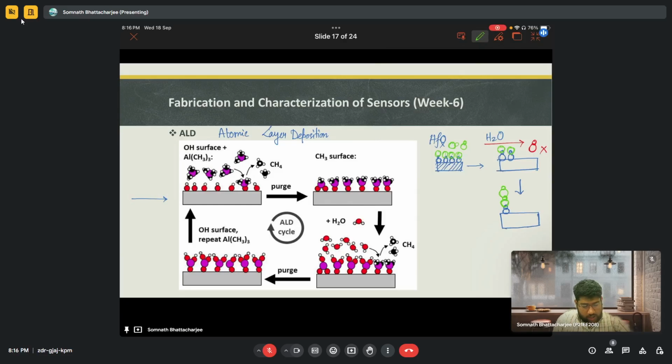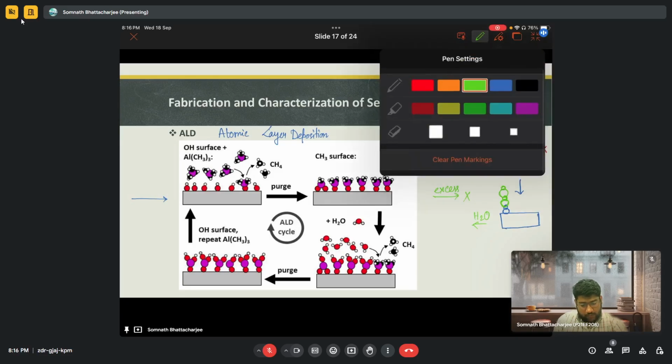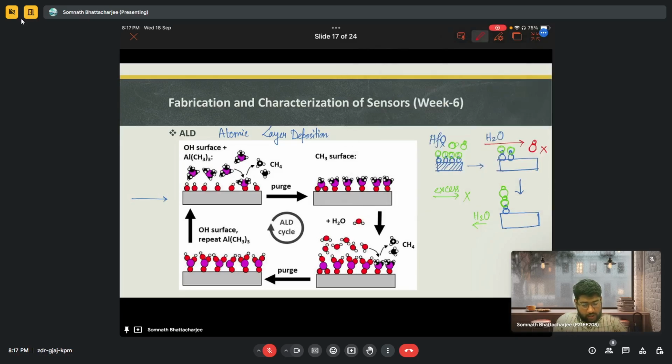Similarly, with another purge of water, the excess will get removed. Now, what happens with each step? A single atomic layer is deposited. That's why it's called ALD, atomic layer deposition.